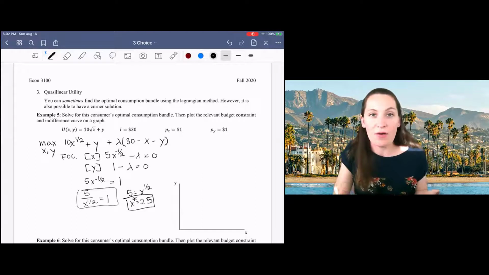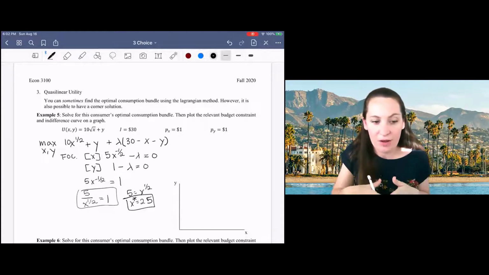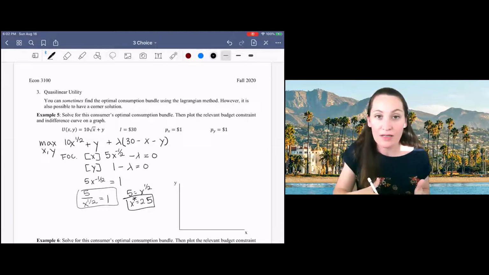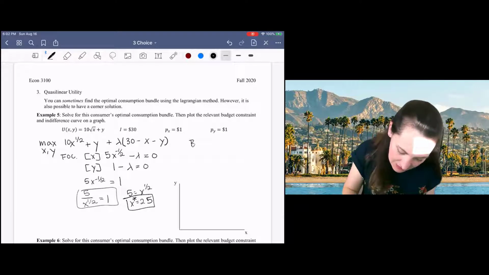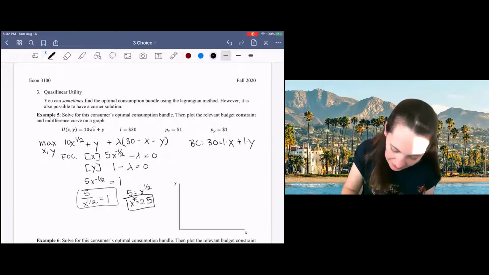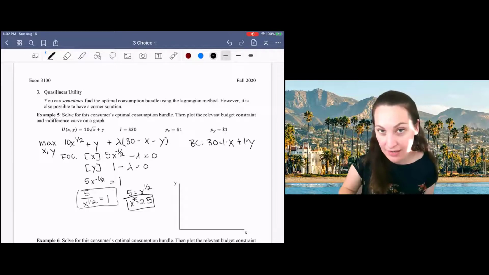So once you get your optimal quantity of x from your maximization process, what you want to do is figure out whether or not you can afford it, right? So in this case, my budget constraint is 30 equals 1 times x plus 1 times y. So here I can afford to buy 25 units of x.